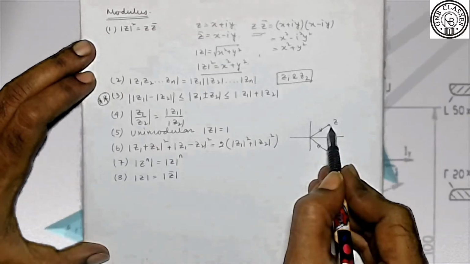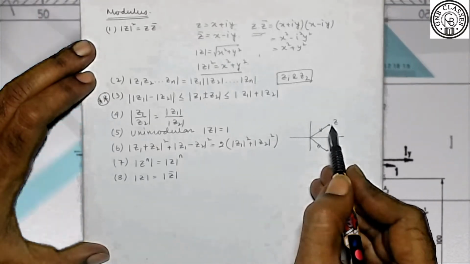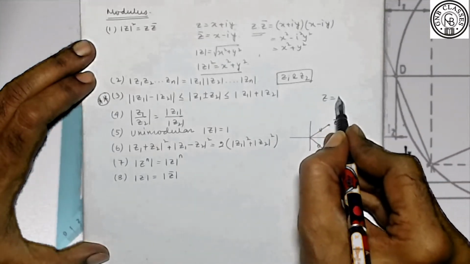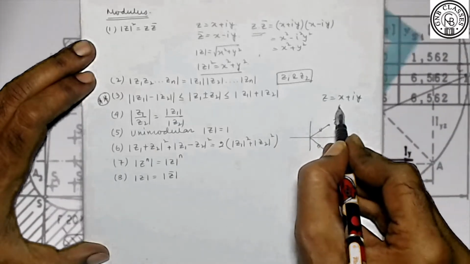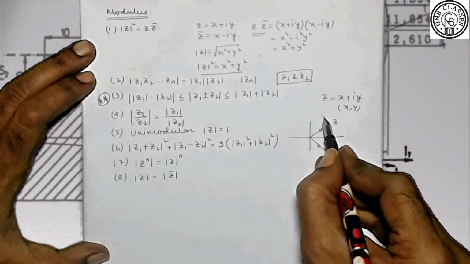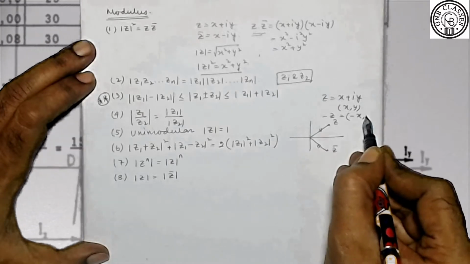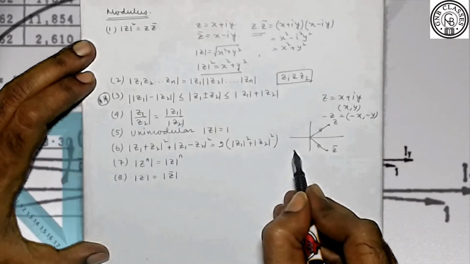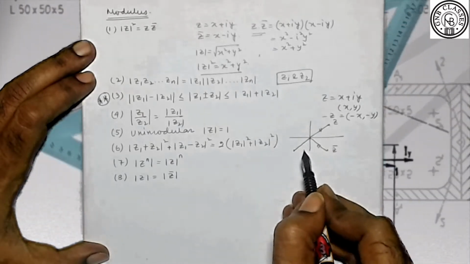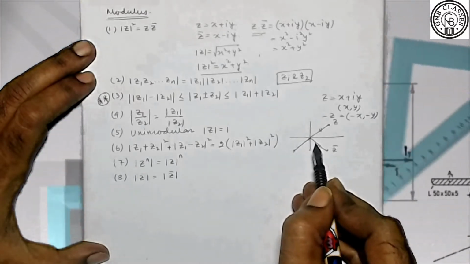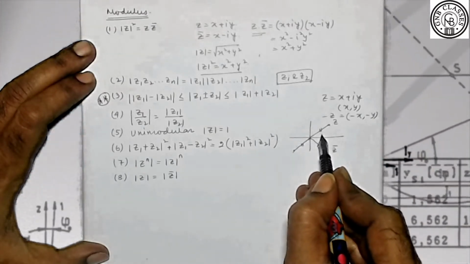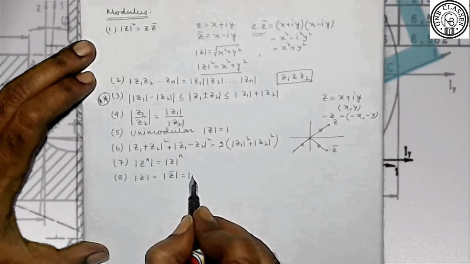Okay. Now if I take minus z, what is minus z? Can you tell me? If z is x plus iota y, that is the point x comma y. What is minus z? Minus z is nothing but minus x minus iota y. So the point comes here. So in that case also, your modulus will remain same, because this length will not change. So it is same as modulus of minus z.